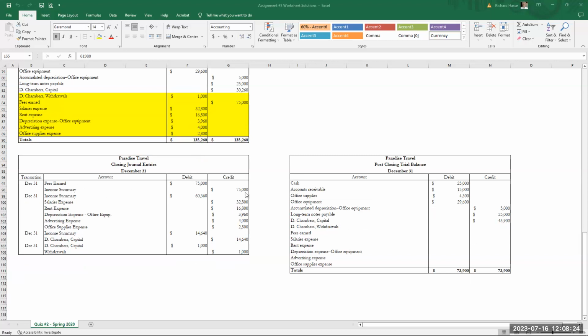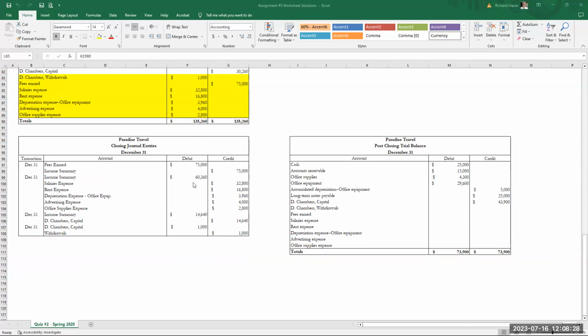Income summary is credited, 75,000. Income summary is debited, 60,360, and all the expense accounts are credited to zero them out. And then the difference between the credit balance of 75,000 in income summary and the 60,360 debit balance in income summary is your net income.